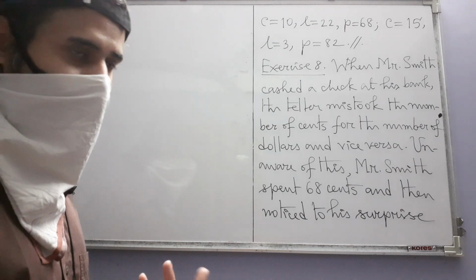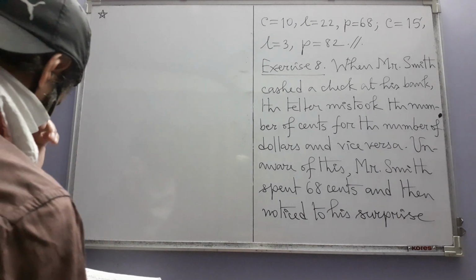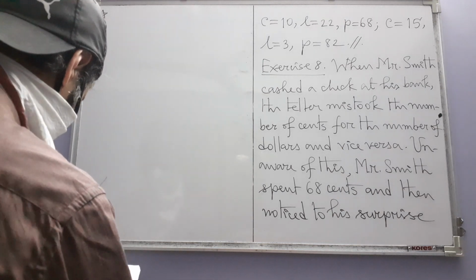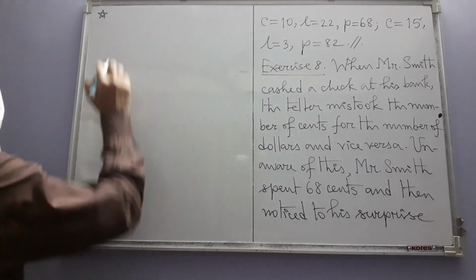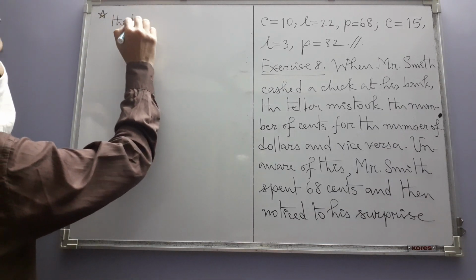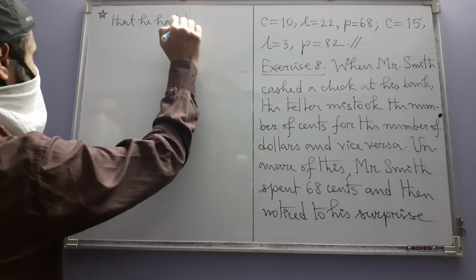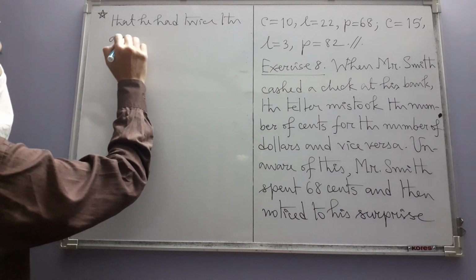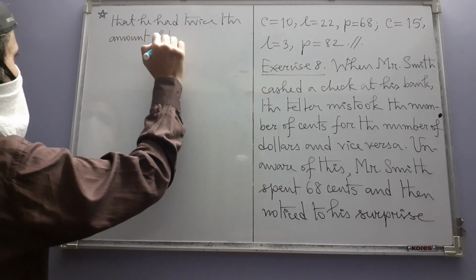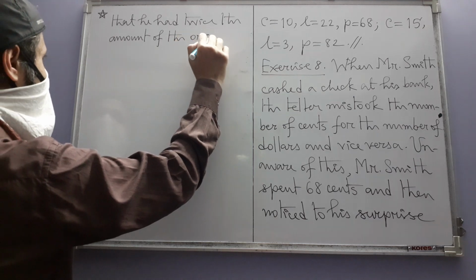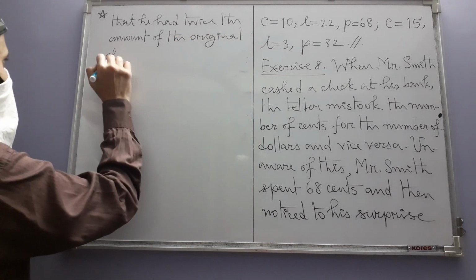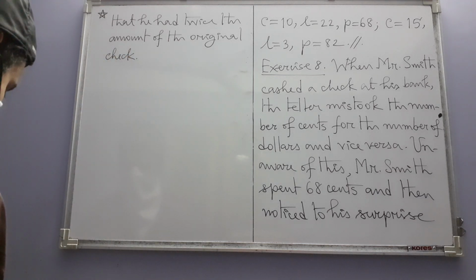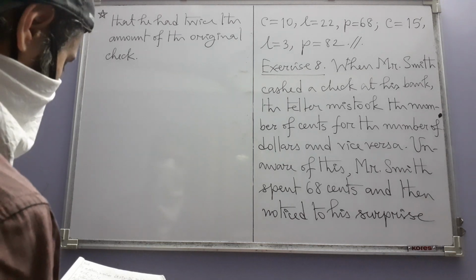In fact, twice that amount. To his surprise, he had twice the amount of the original check. Determine the smallest value for which the check could have been written.